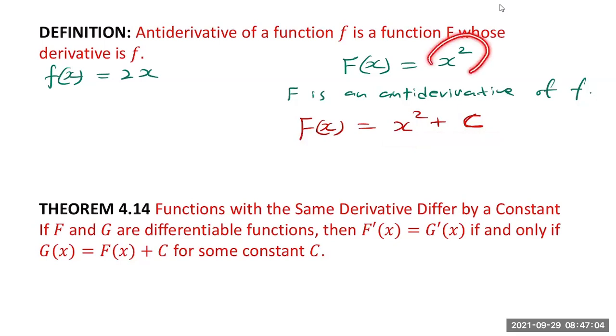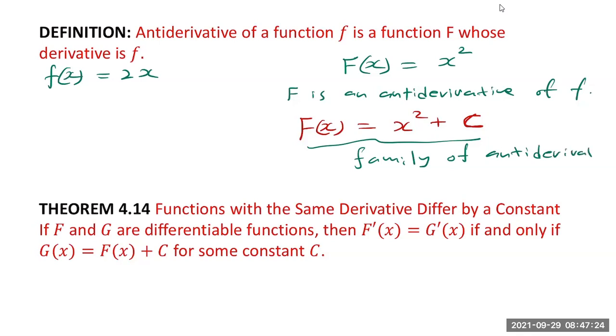Once you have one antiderivative, in fact, you have a family of antiderivatives. This is called a family of antiderivatives because of this constant being arbitrary. Let me write it here. This is a family of antiderivatives of the lowercase f.